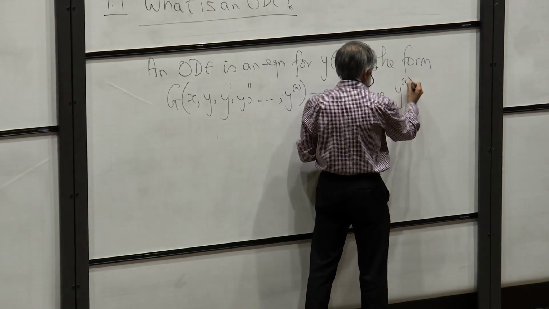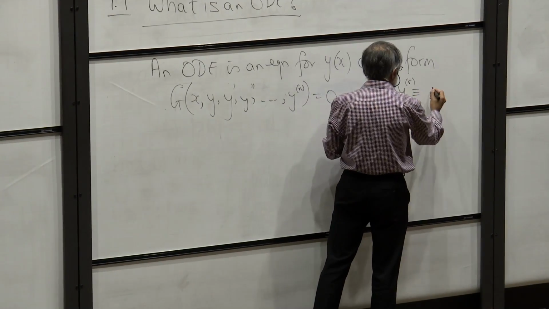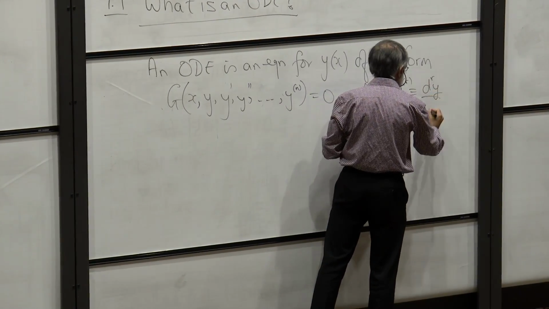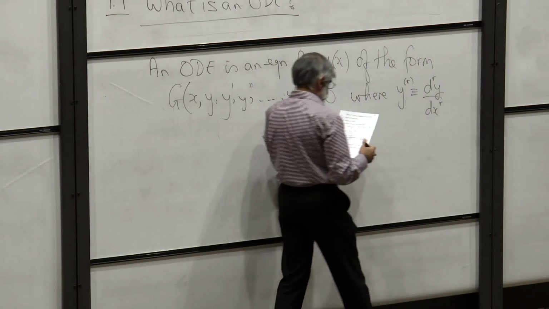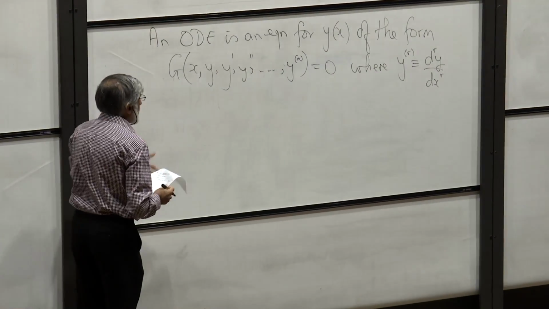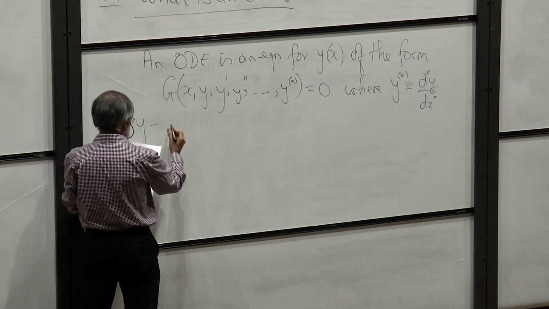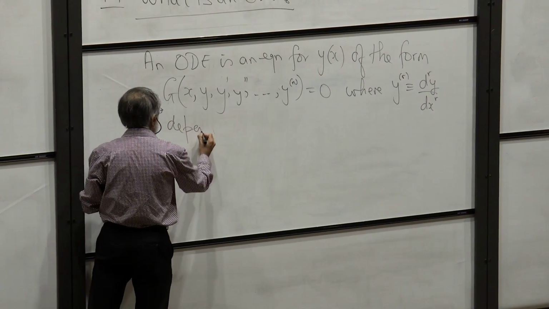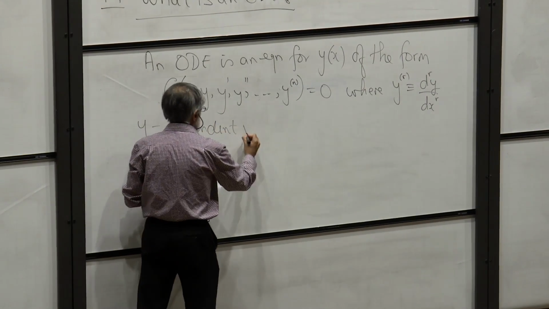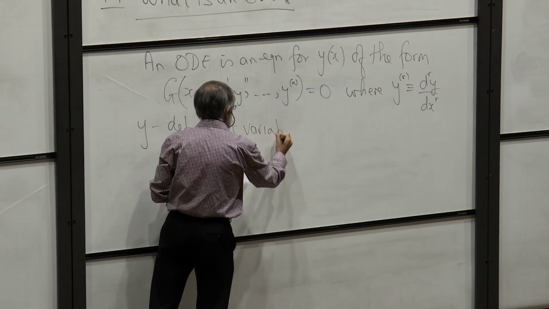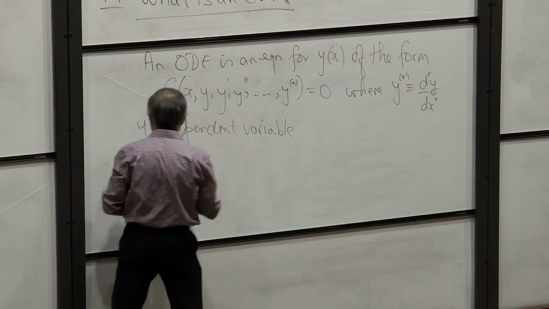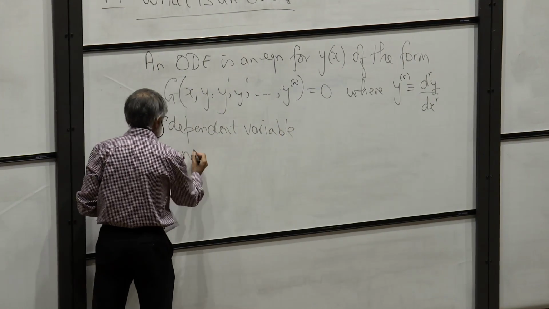So y^(r) means d^r y by dx^r, and y is the dependent variable, I should say, and x is the independent variable.